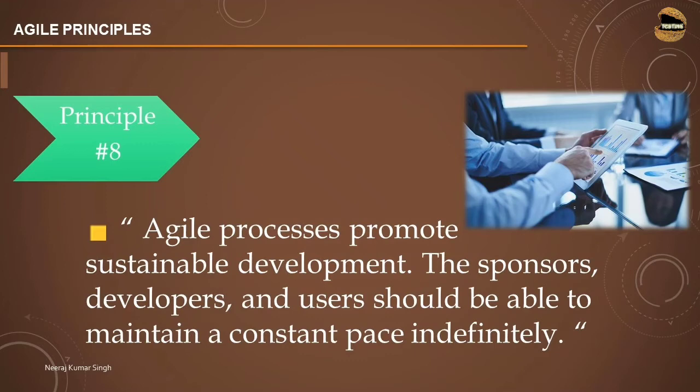That's where this principle helps us understand that it is really important to give the customer a similar proportion of working software from time to time when working with the life cycle of the product.